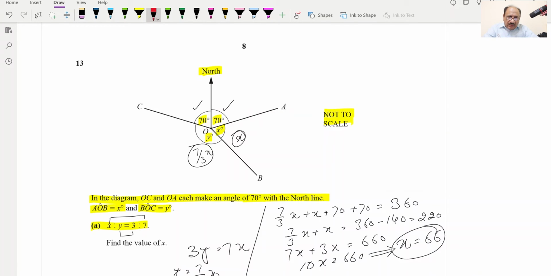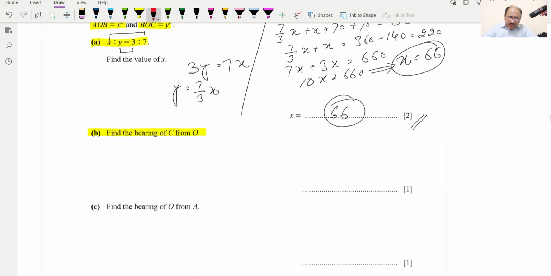Starting from here up to this one will be the bearing of C from O. So this angle, which is 70 degrees, is subtracted from 360. So 360 minus 70 is equal to 290 degrees. So we can write the answer as 290 degrees.